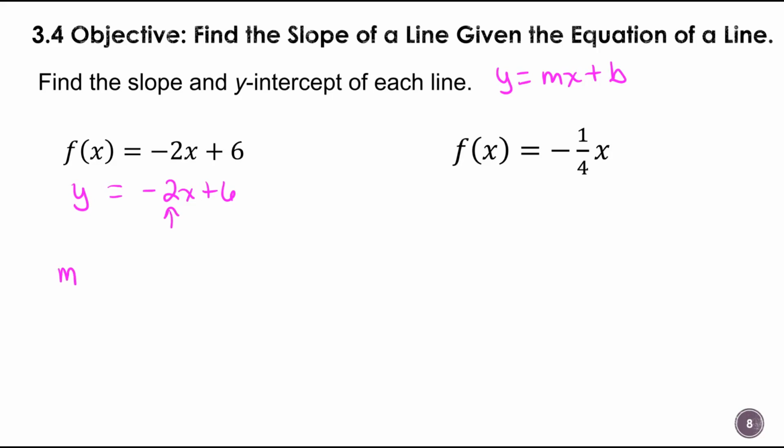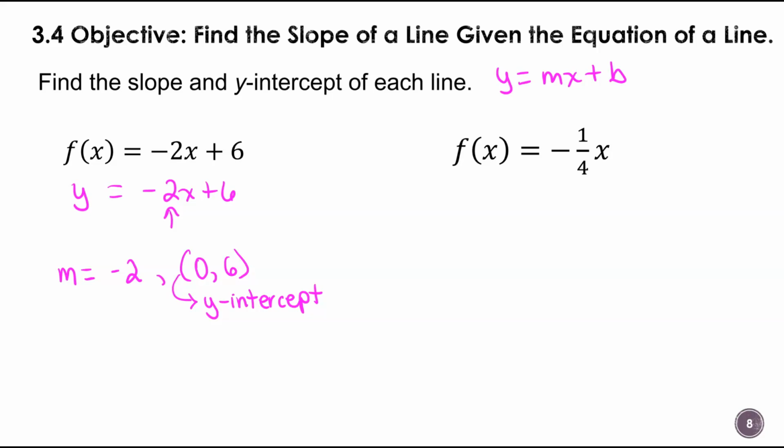So my slope is negative 2. And then we've got a 6, so my intercept is at (0, 6). And remember, this is the y-intercept, so it goes through the y-axis at (0, 6).